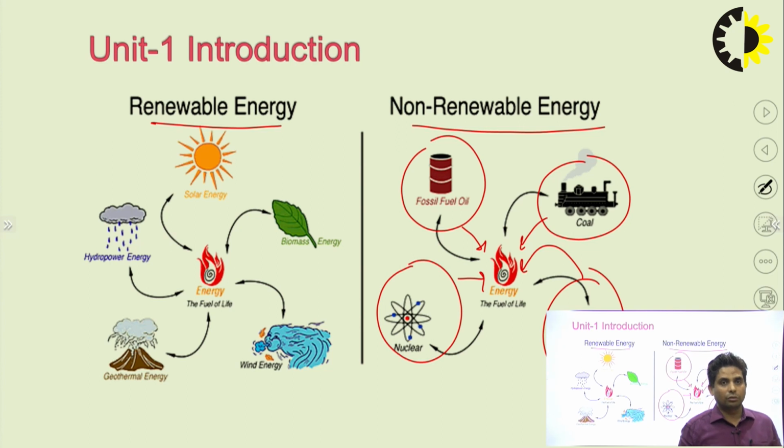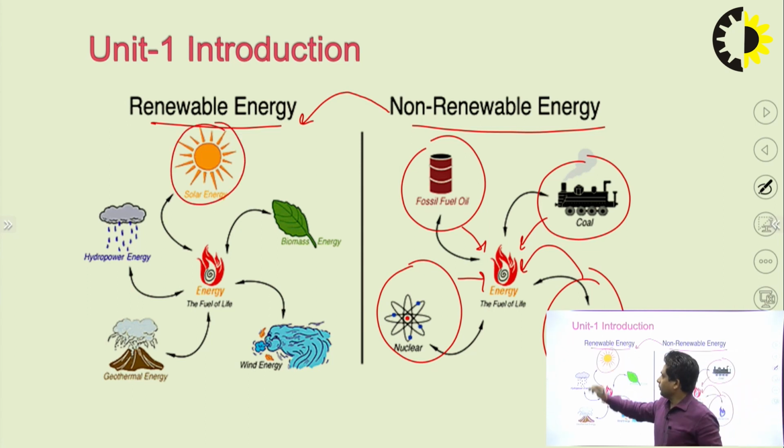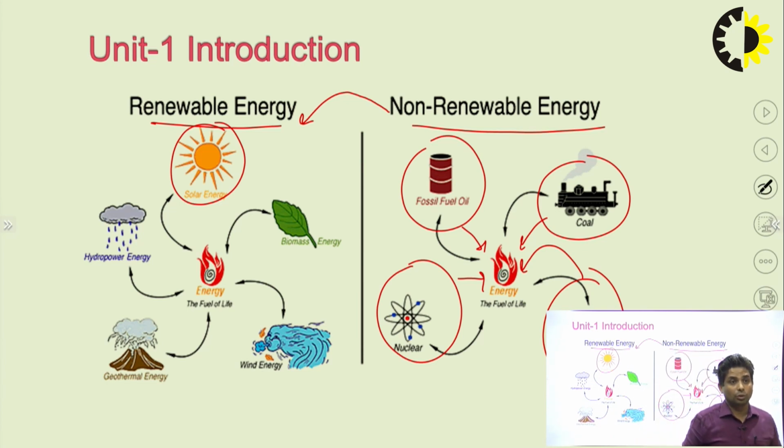So what can we do to generate electricity? That's why we have shifted from non-renewable to renewable energy resources, which are available with us for a long time, on a lifetime basis, like solar. The Sun is available at all times, so solar energy can be utilized for higher production.